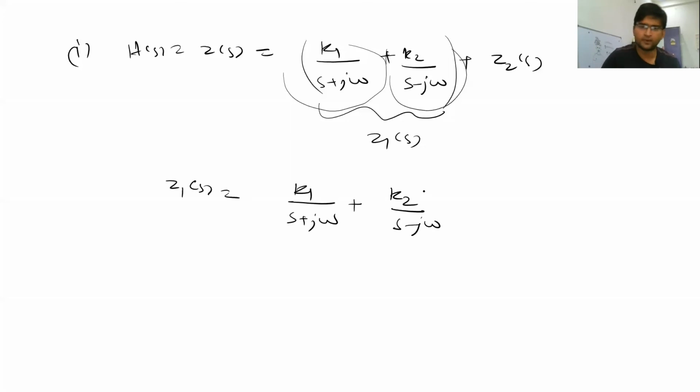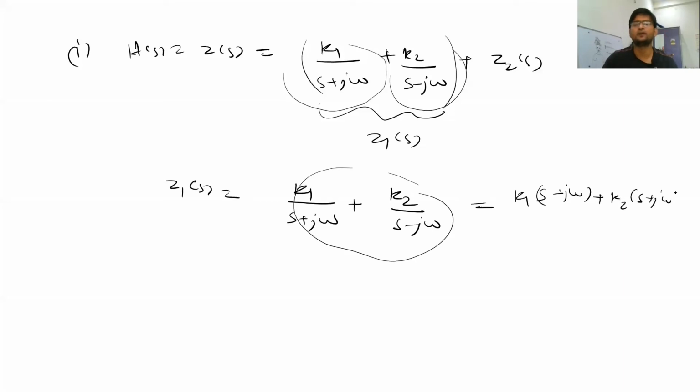Let us merge these two factors into one. What we will get is (S minus j omega) into K1 plus K2 into (S plus j omega) divided by S square plus omega square.